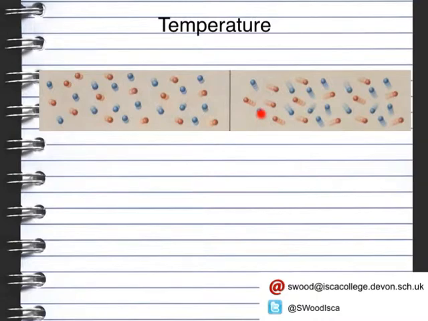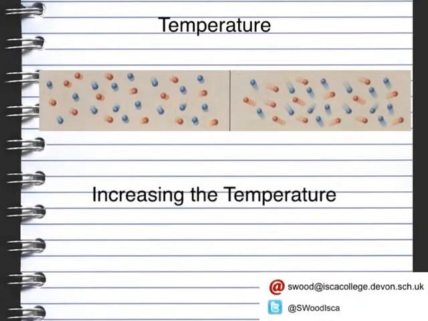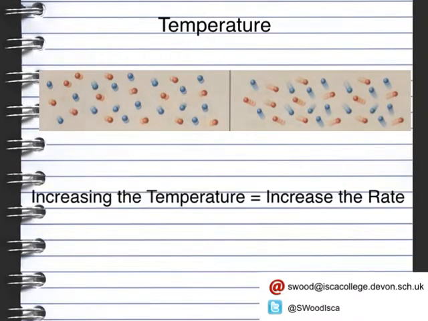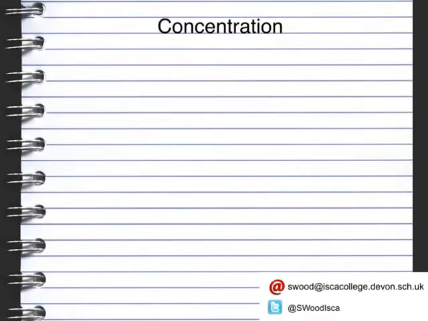Whereas on this side, where we've heated them up and their movement is quicker, there is more chance of a collision and therefore more chance of a successful collision. So increasing the temperature increases the rate.